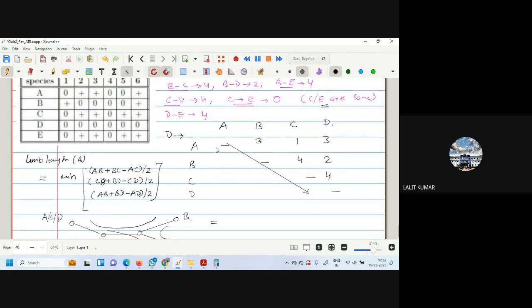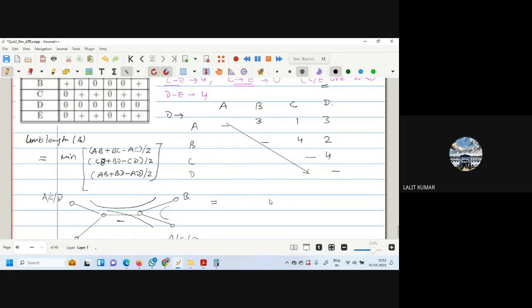So distance matrix we had found. So this is B. So this will become minimum of AB. AB is 3 plus BC is 4 minus AC is 1 divided by 2. So this is 3. Now it is BCB.